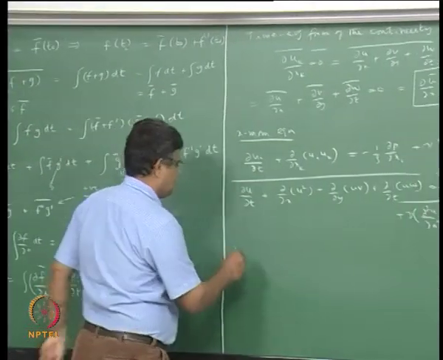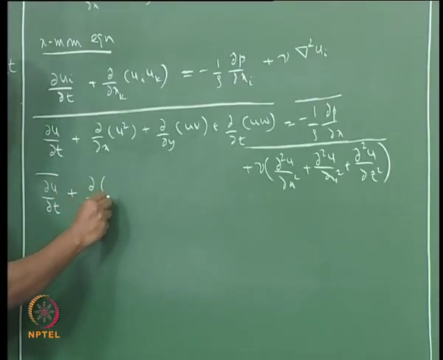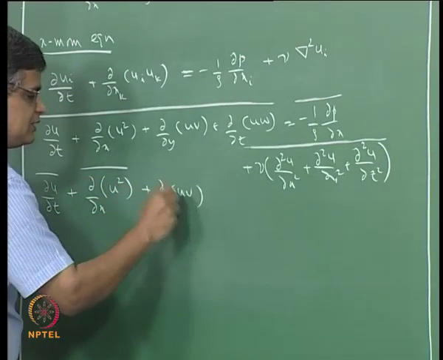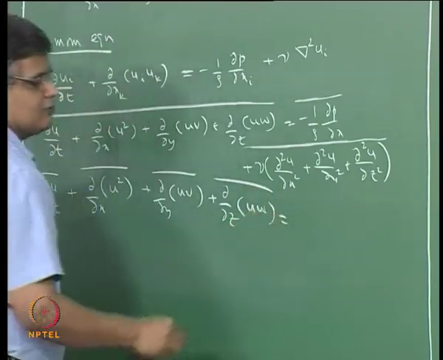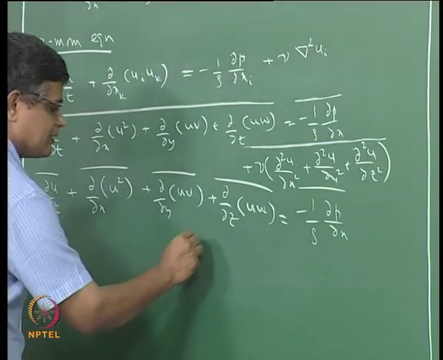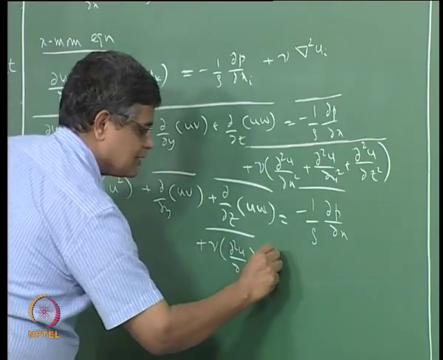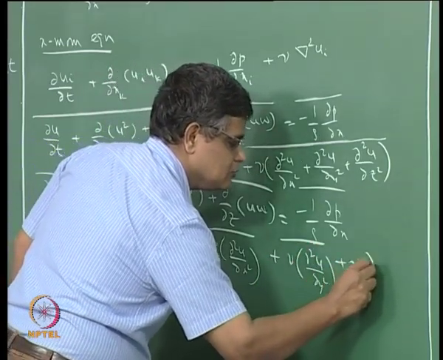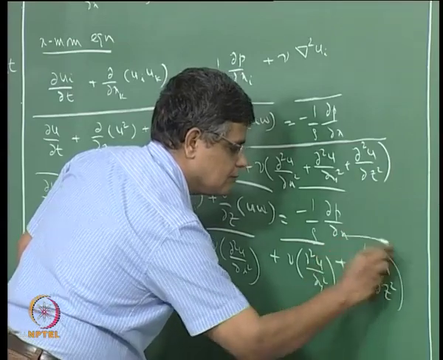So the left hand side becomes the average of ∂u/∂t plus ∂/∂x of the average of u square plus ∂/∂y of the average of uv plus ∂/∂z of the average of uw, equal to, on the right hand side, minus 1 over rho the average of ∂p/∂x plus nu times the averages of ∂²u/∂x², ∂²u/∂y² and ∂²u/∂z².